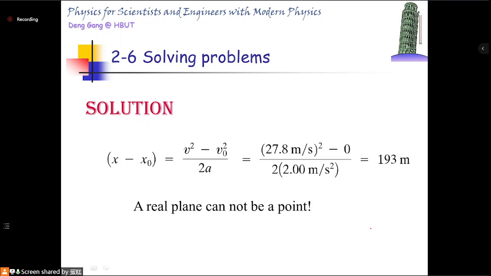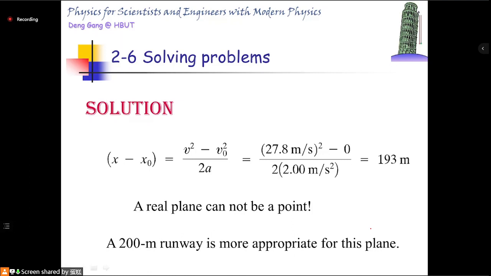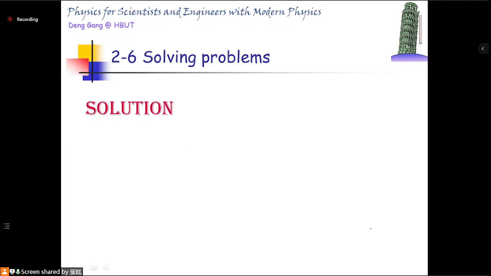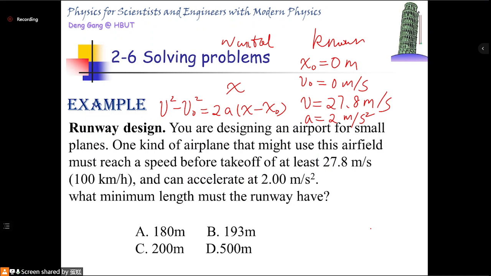A real plane is usually at least several meters long. So that's why 200 would be better, because when you look back, we design an app for small planes. Small planes, several meters, that's reasonable.